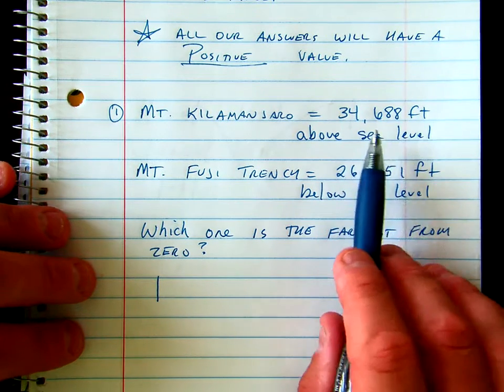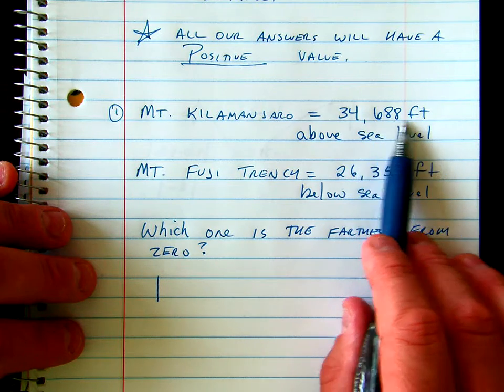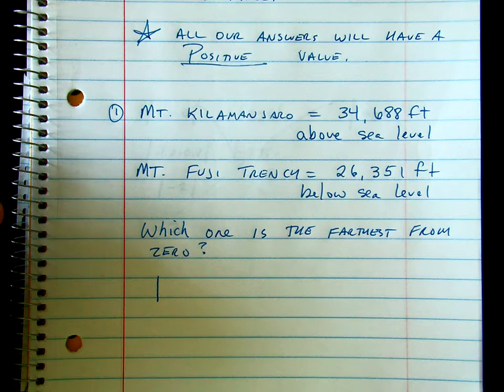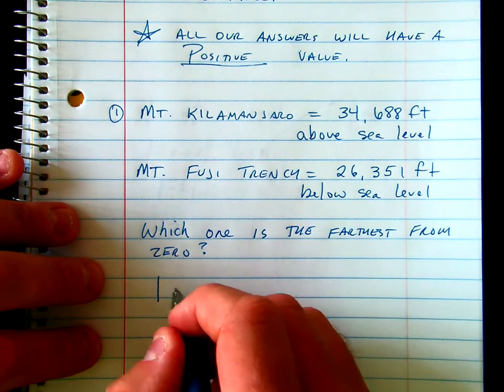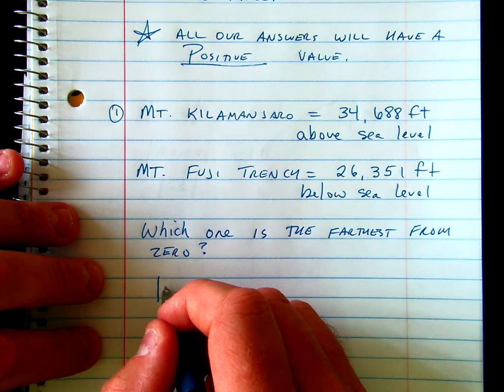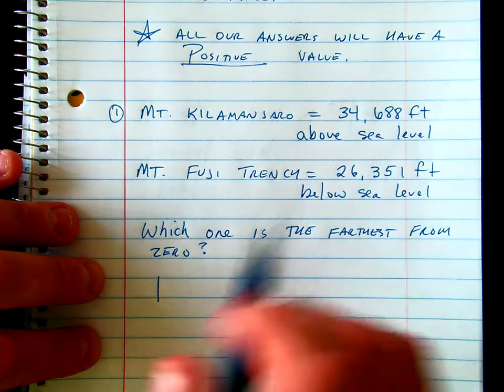Now, if Mount Kilimanjaro is 34,688 feet above sea level, how would I write that as an integer, Lizzie? How do I write 34,688 feet above sea level as an integer?